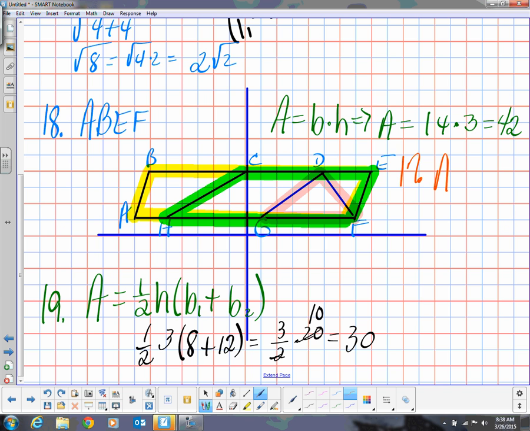What's the area formula for a triangle? 1/2 base times height. So area is going to equal 1/2. What's the base? 1, 2, 3, 4, 5, 6. What's the height? 3. What's half of 6? Area is 9. That's number 17.